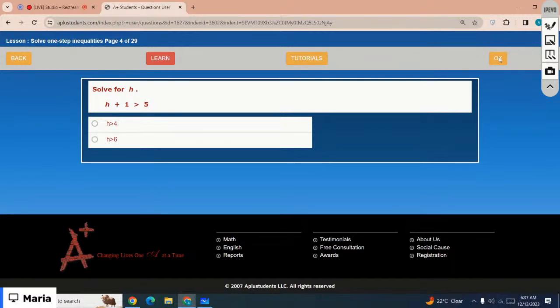The correct option is h is greater than 4.